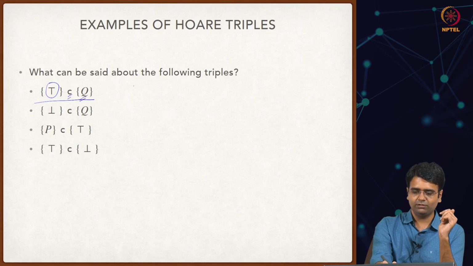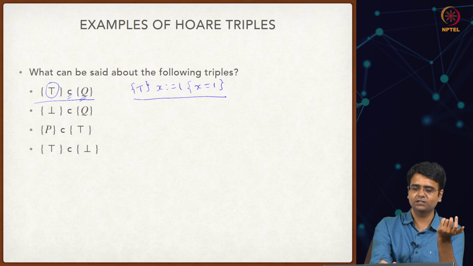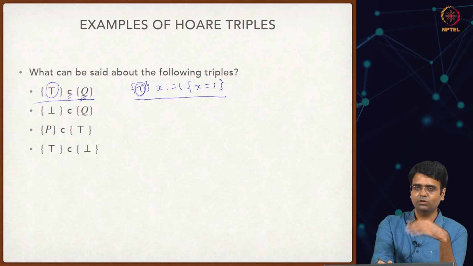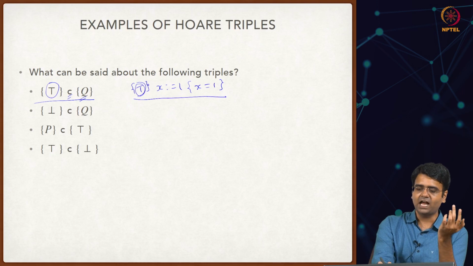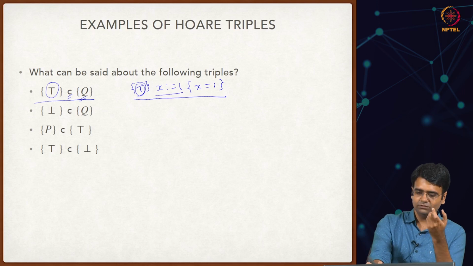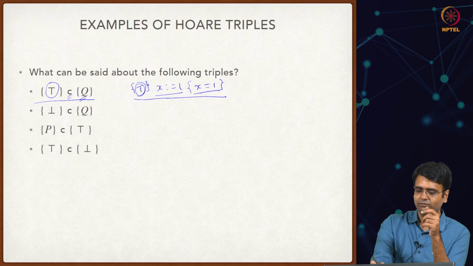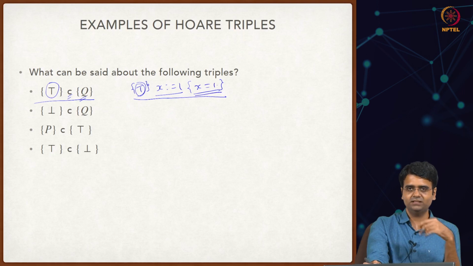For example, let's consider something like this. Suppose I had true, x equal to 1, x equal to 1. This Hoare triple is valid because no matter what the initial program state is, which means no matter what the initial value of x is, after I execute this assignment statement x equal to 1, it is definitely the case that the valuation of x at that point will satisfy the postcondition, which is x equal to 1.